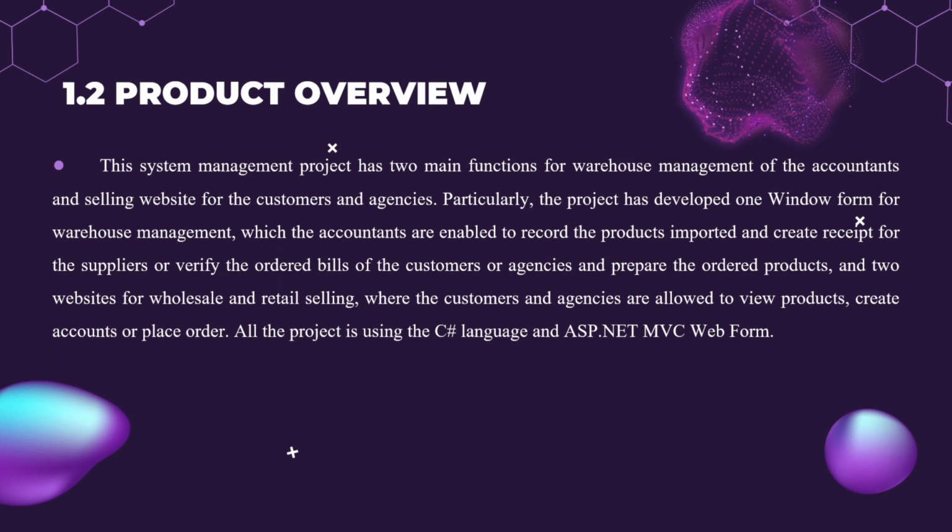Particularly, the project has developed one window form for the warehouse management, in which the accountants are enabled to record the products imported and create receipts for the suppliers or verify the order bills of the customer or agency and repair the order product, and two websites for wholesale and retail selling, where the customers and agency are allowed to view products, create accounts or place orders. All the project is using the C# language and ASP.NET MVC web form.